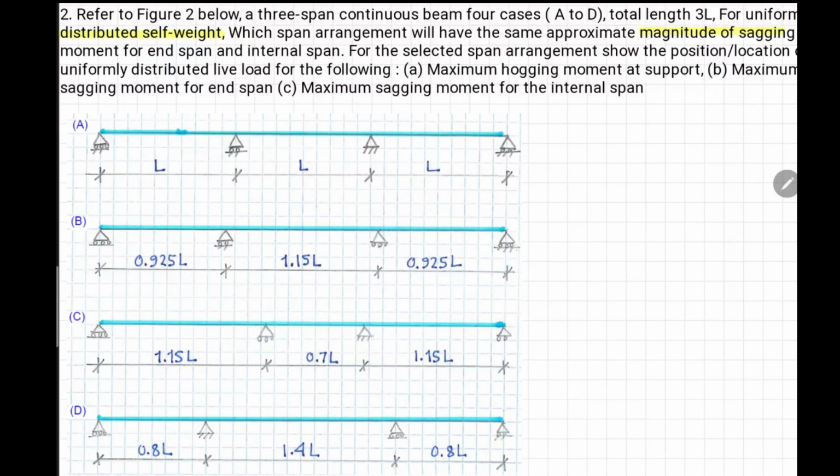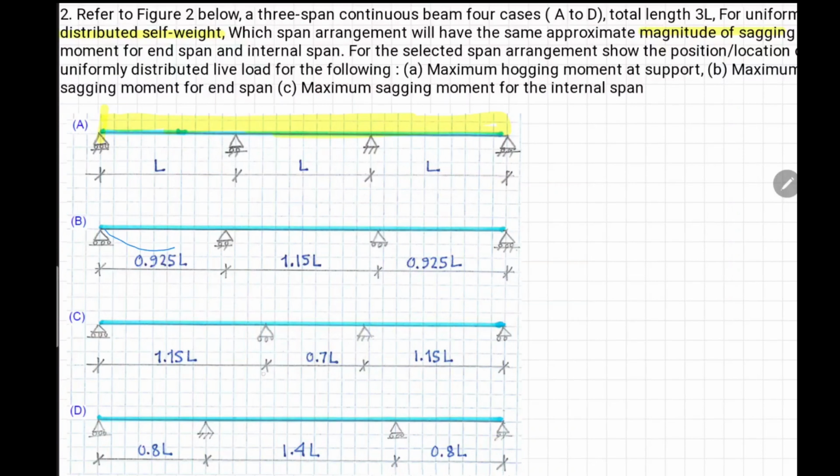It means when I load this beam with uniform load, which span arrangement out of 4 will have the same approximate magnitude of sagging moment for the end span? So here we will get sagging moment for end span and internal span.